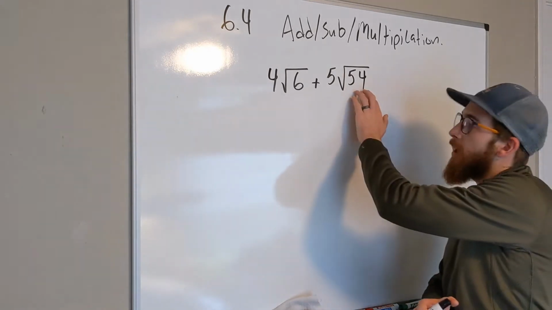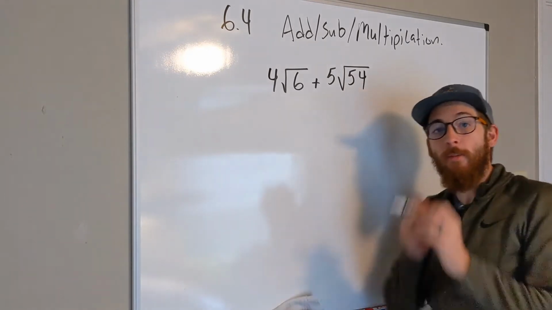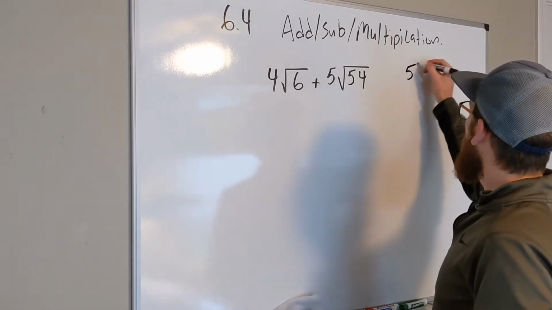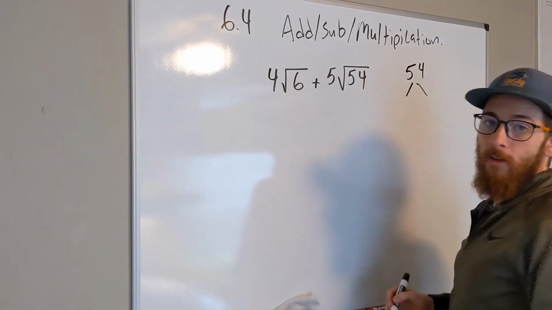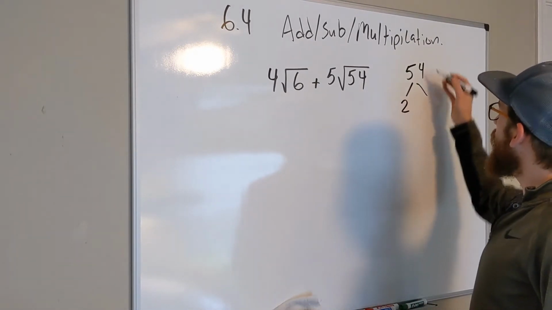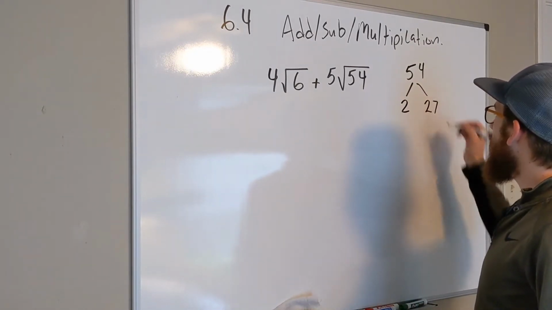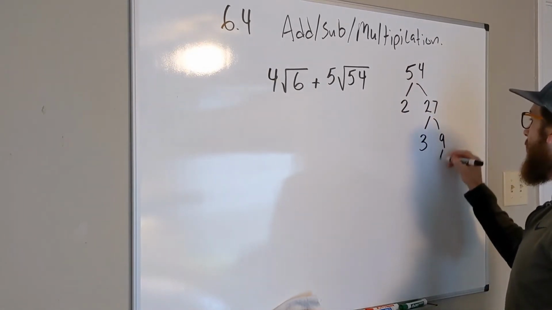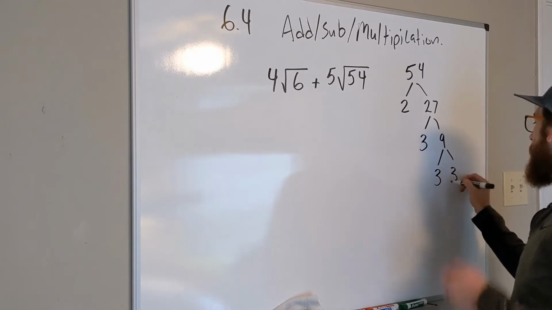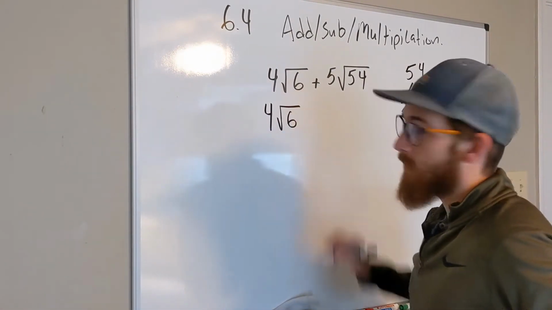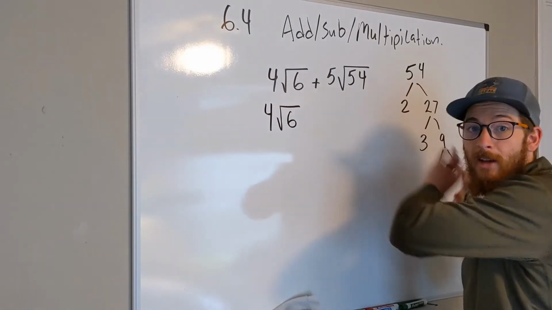Why don't we try to see if 54 can be broken down into anything? So I'm going to take, just like I was doing a minute ago, 54 is 2 and 27, and then 3 and 9, and 9 is 3 and 3. So I have my 4 square roots of 6.